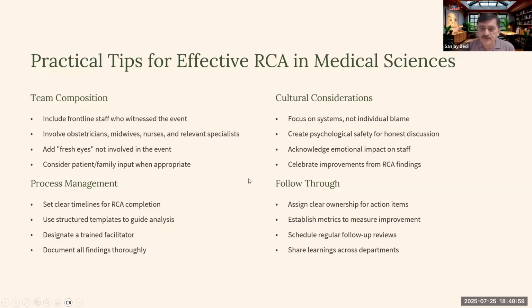The cultural considerations: we have to avoid blaming anyone and create psychological safety for an honest discussion, and also acknowledge the emotional impact on the staff and celebrate improvements as a result of root cause analysis findings, and ultimately follow through with clear ownership for action items, establish the metrics to measure improvement, and schedule regular follow-up reviews.